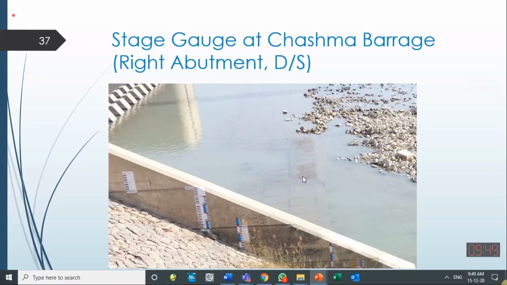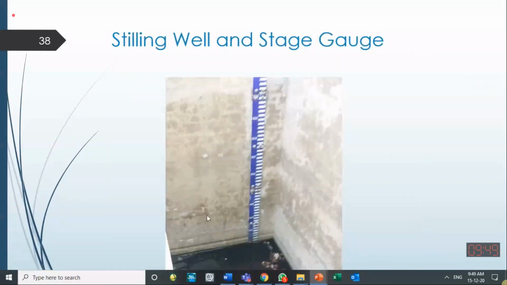So there are some figures available of actual staff gauges installed, and some of the structures I have visited in Pakistan. I think this is Chashma Barrage. On the side bank of the barrage, they have installed these staff gauges. Within a stilling well, they have installed this staff gauge, and the condition of the stilling well was very poor.